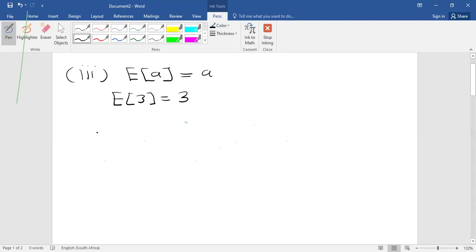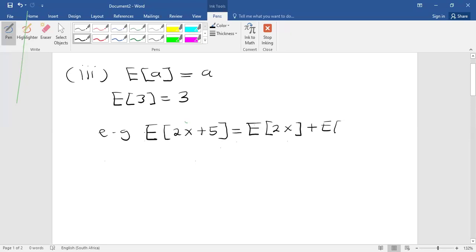Even in a similar case, if you are asked to find the expected value of 2X plus 5, you can split this using the linear property. It will turn out to be the expected value of 2X plus the expected value of a constant. The 2 you can bring out, so you have 2 times the expected value of X, plus the expected value of a constant.